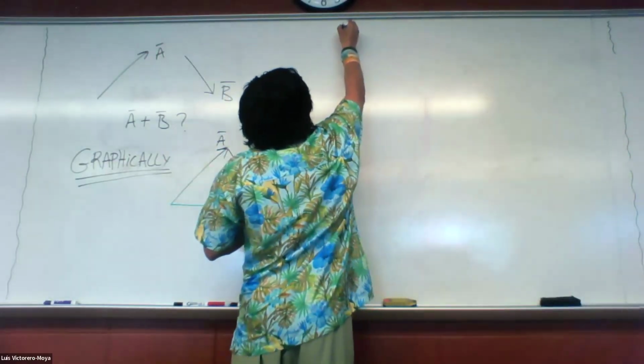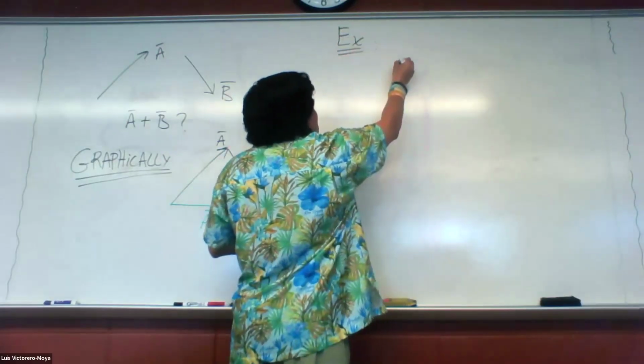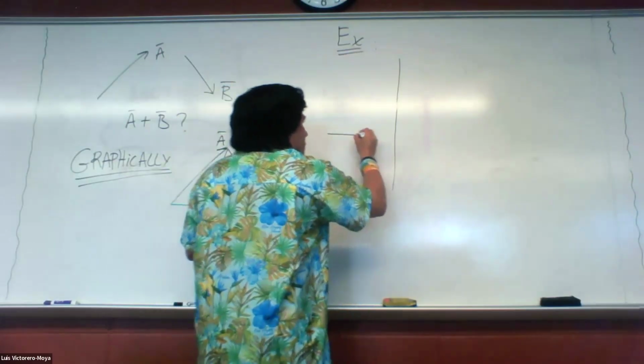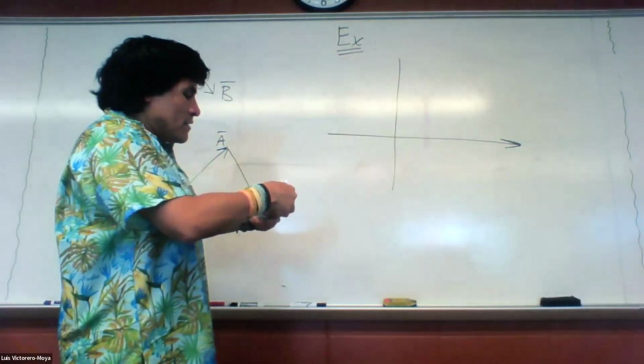So say you have the X and Y coordinate like this. And I give you a vector A. So let's do again the simple case.